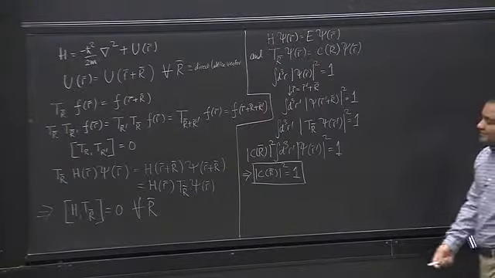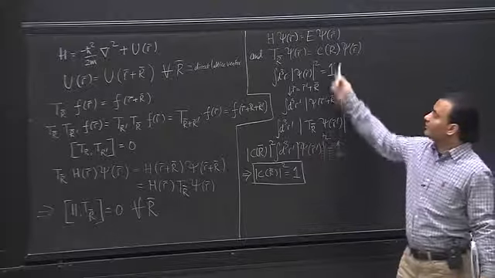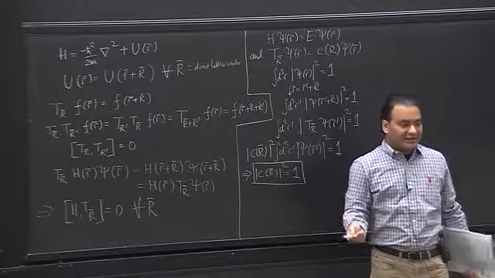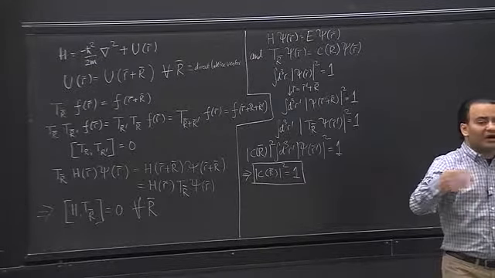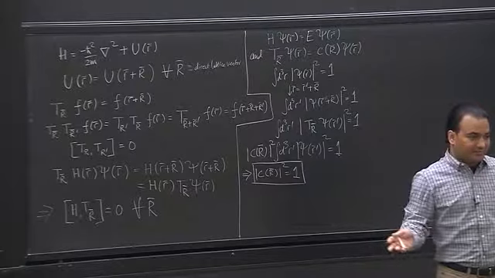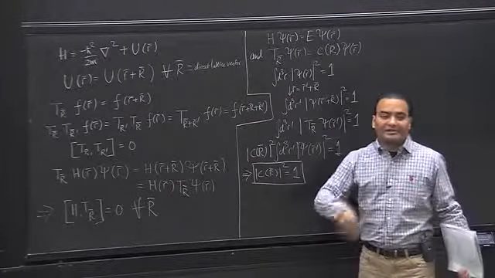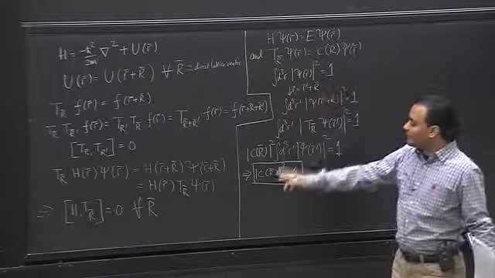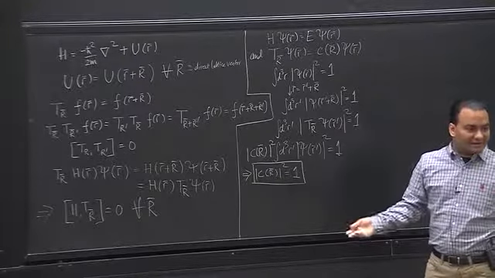So what that means is that the eigenvalues of these translation operators are some phase. They can always be chosen as e to the power i theta, where theta is real. So we made an important conclusion, and this will lead us to what is called Bloch's theorem. These eigenvalues can be chosen as a phase.